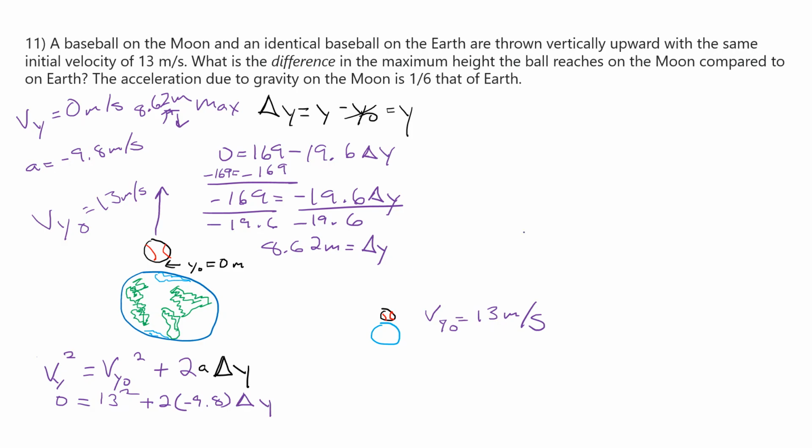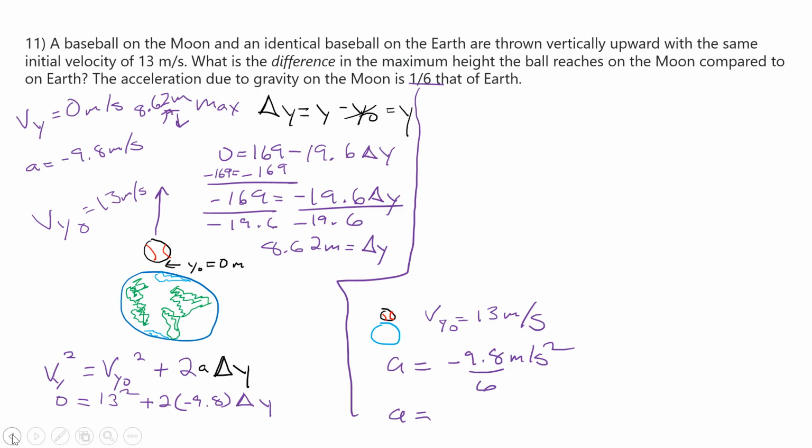Okay. Now we do the exact same thing for the moon, except our acceleration due to gravity is 1/6 of Earth's negative 9.8 meters per second squared, so I've got to divide that by 6.